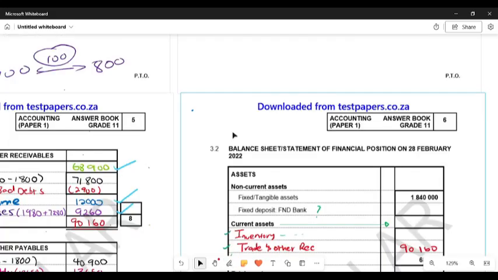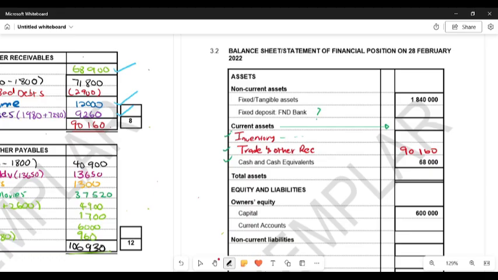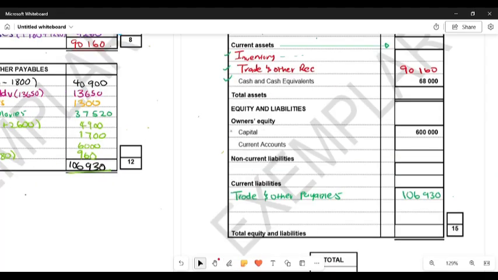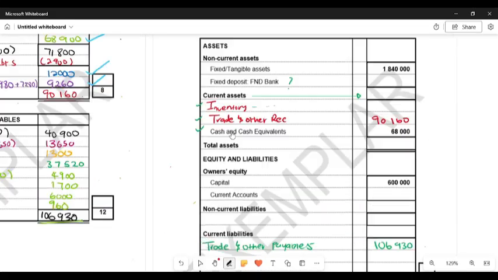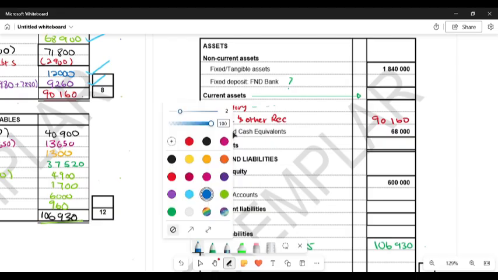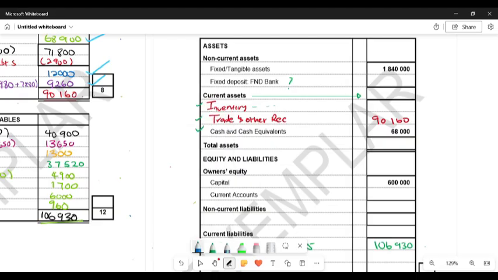So to get the current assets, we first need to find the total for our current liabilities, but we're going to get to that. Let us look at the others. Firstly, I'm trying to write down the information that I'm given. That is my first focus: writing down what I'm given and doing the calculations afterwards.